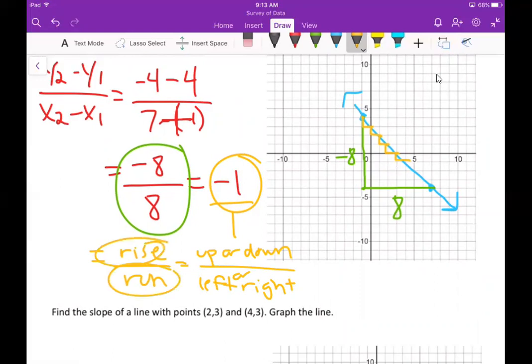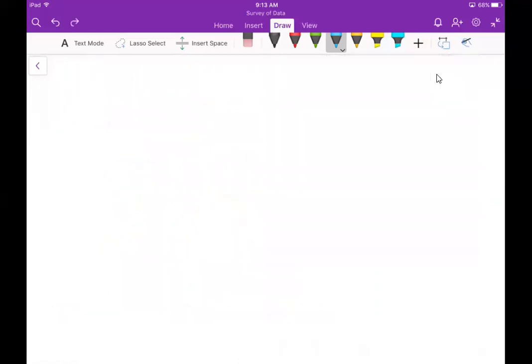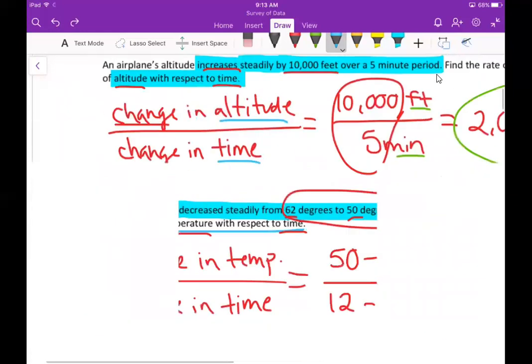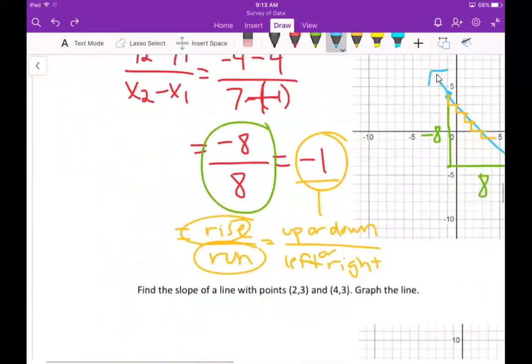Okay, this is also a good visualization of a negative slope. Let me see if I can get that line back. Let's just undo that. There we go. We're visualizing that negative slope. The blue line is decreasing from left to right. So we're visualizing a new type of slope there, which is negative slope.